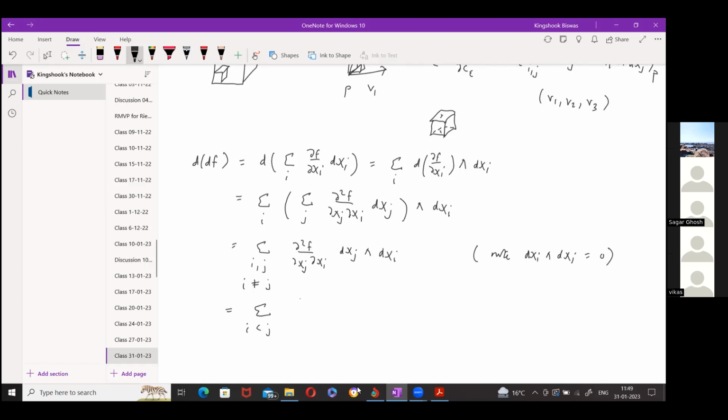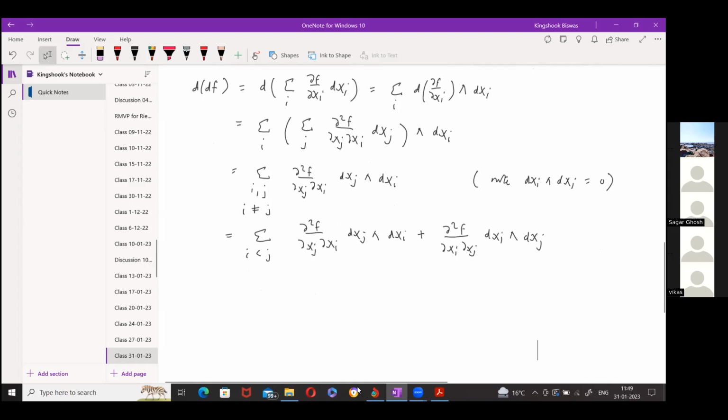So I'll get one term like this, ∂²f/∂xj∂xi dxj wedge dxi. And then I'll get another term interchanging i and j, ∂²f/∂xi∂xj dxi wedge dxj. And then I use the fact that the wedge product is skew symmetric on one forms.